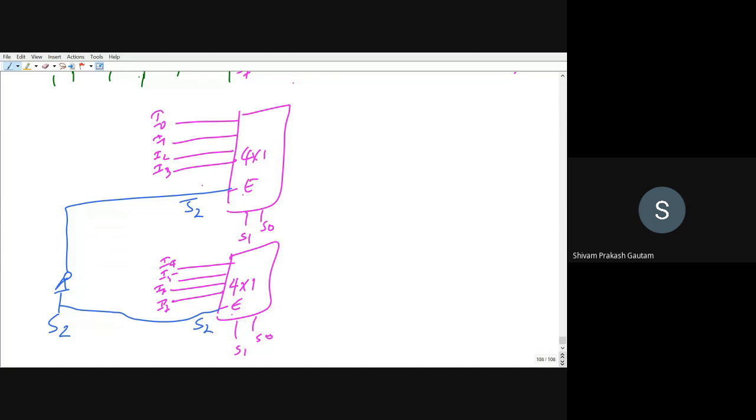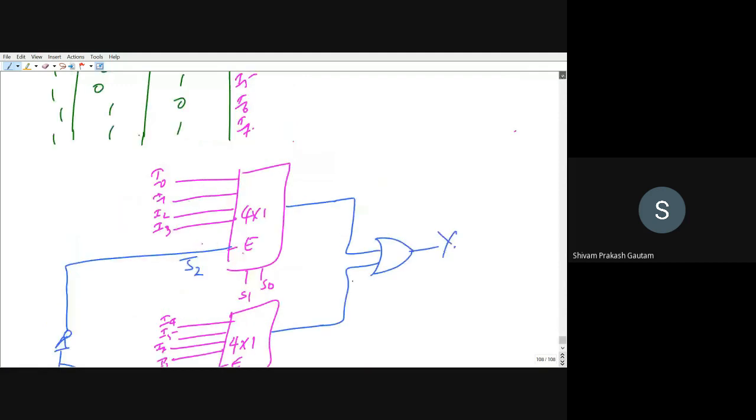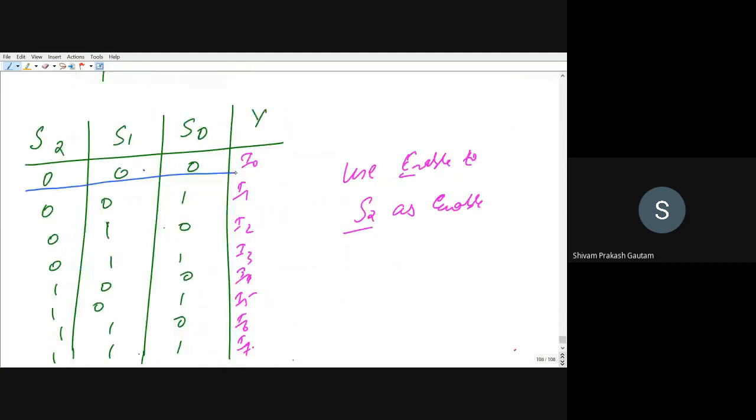The output will be coming here, and we have to use an OR gate and provide our output Y. Now if you see the first case, where all the select lines are 0, we are getting I0.